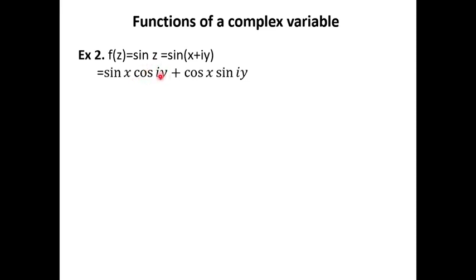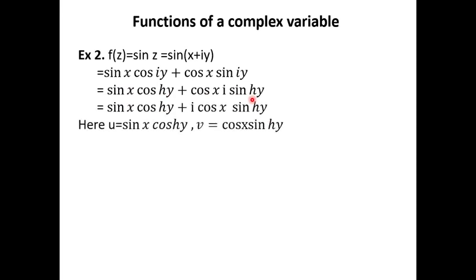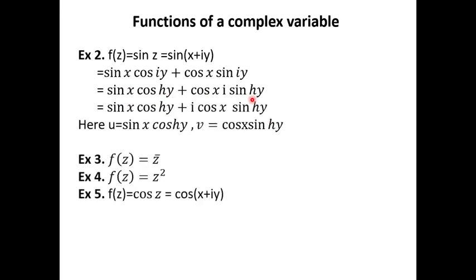In the previous class we learnt that cos iy can be written as cos hyperbolic y and sin iy can be written as i into sin hyperbolic y. Now we can easily write u value as the real part, and v is equal to cos x into sinh y. These are some more problems.